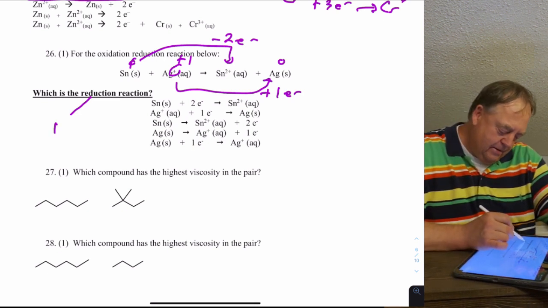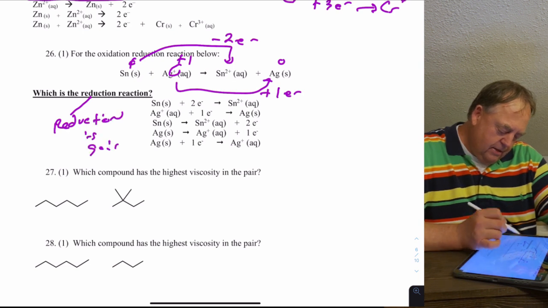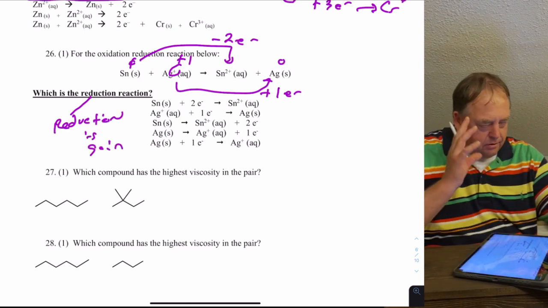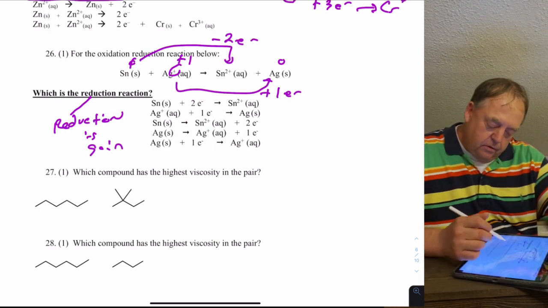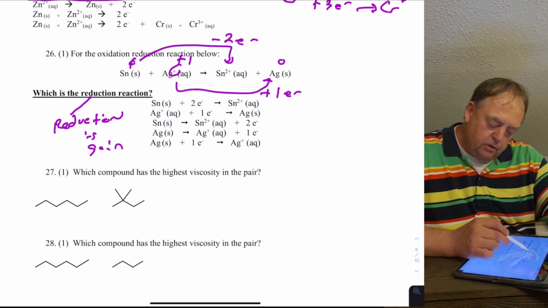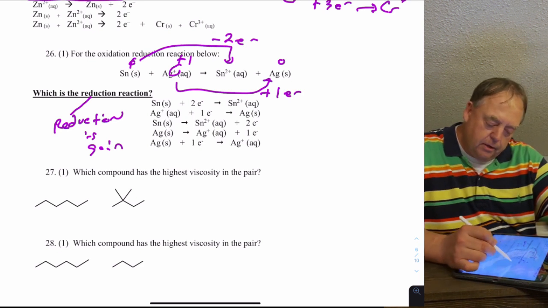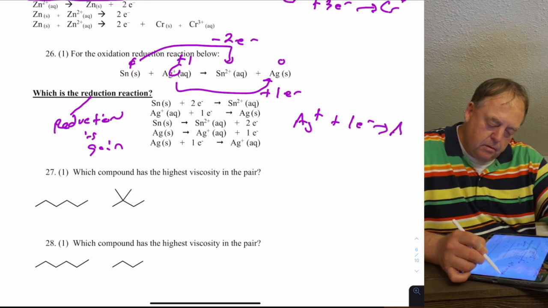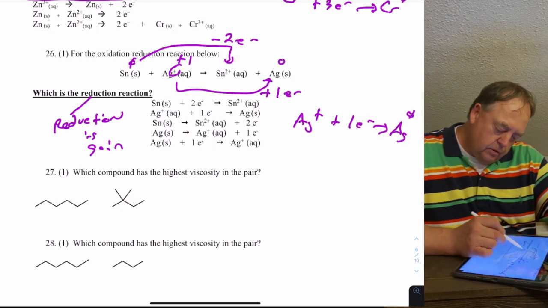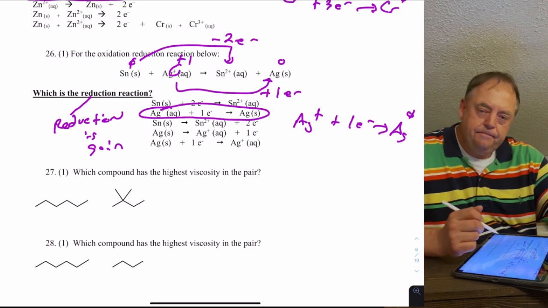Reduction is gain. I have to think about it all the time too, because the definitions get twisted in my head. So reduction is gain, so you're looking for the reaction that gains electrons, so that would be silver +1 plus 1 electron goes to silver 0, so that's your reduction reaction.